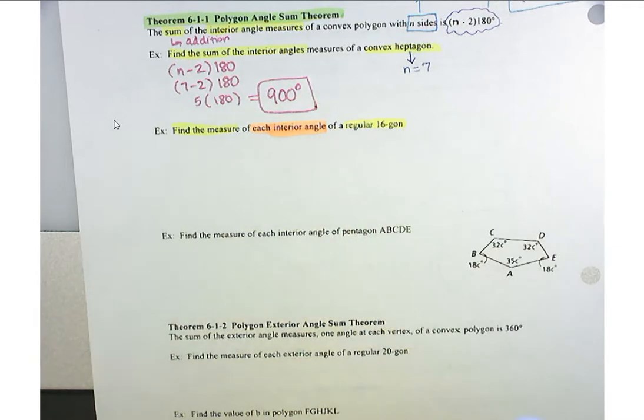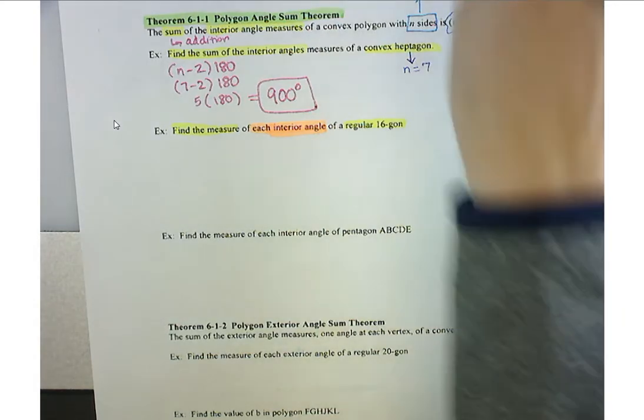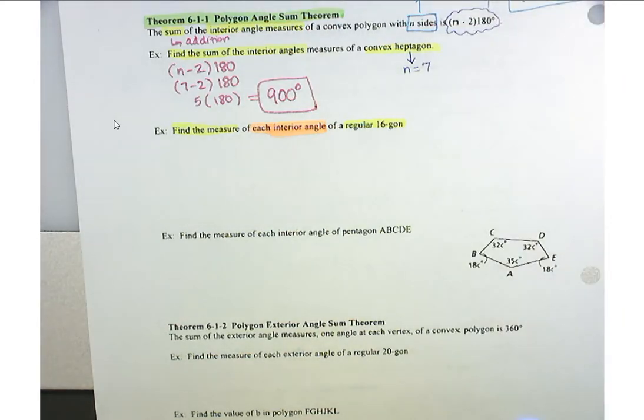That 12 is a dodecagon, based on deca, which is 10, and if it's 10 sides, it's a decagon. And if it's a dodecagon, it'll be 12. Oh, you know what? I think 11 is an 11-gon. We might write down some of what those are.